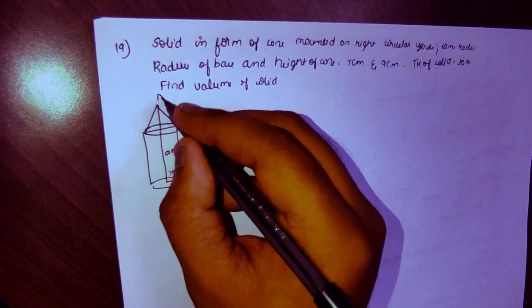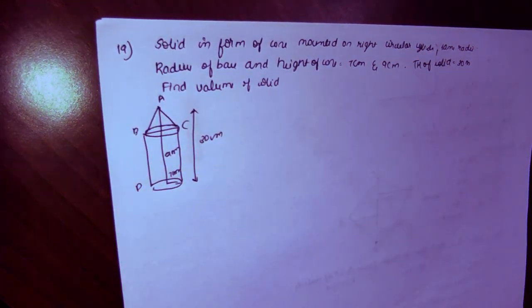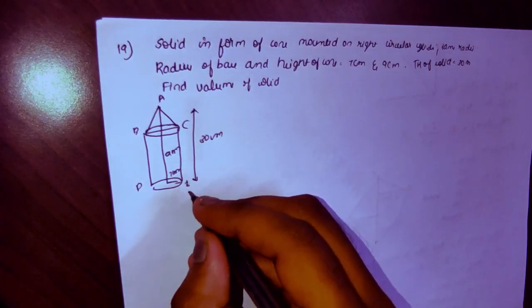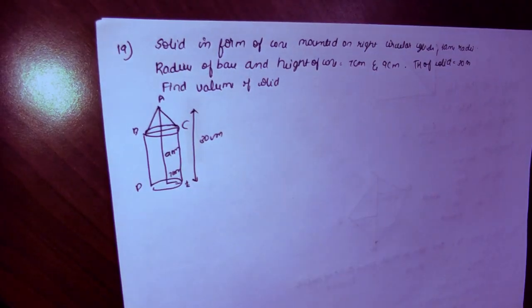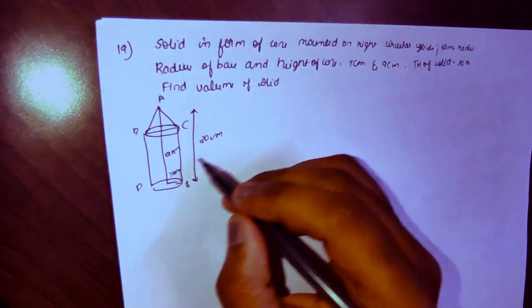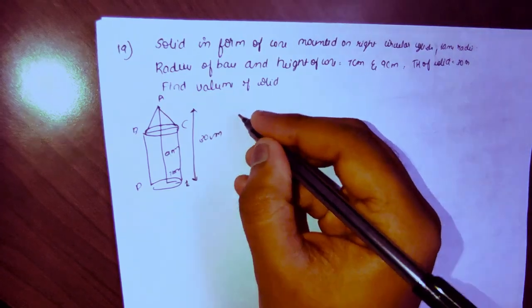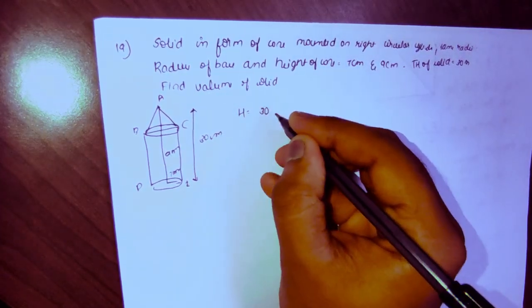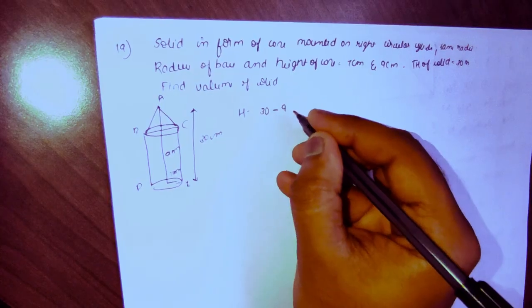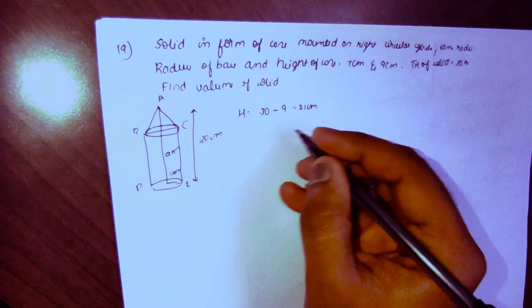You consider this as ABC, and this as D and E. We know the radius of the base and height of the cone, that is 9 cm. So height of the cylinder H is equal to total height 30 minus 9 cm, that is equal to 21 cm.